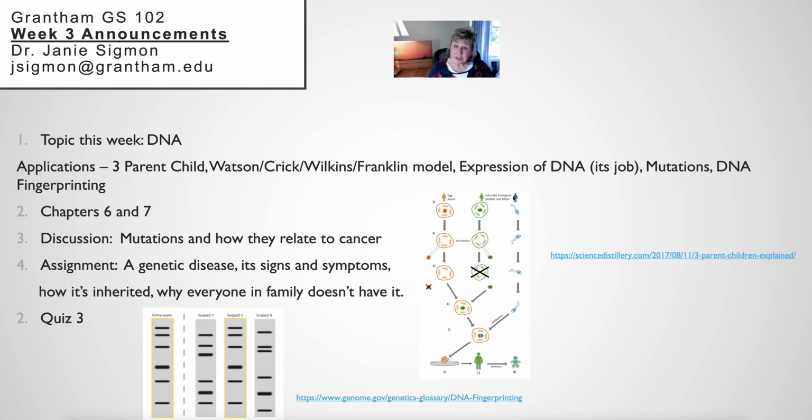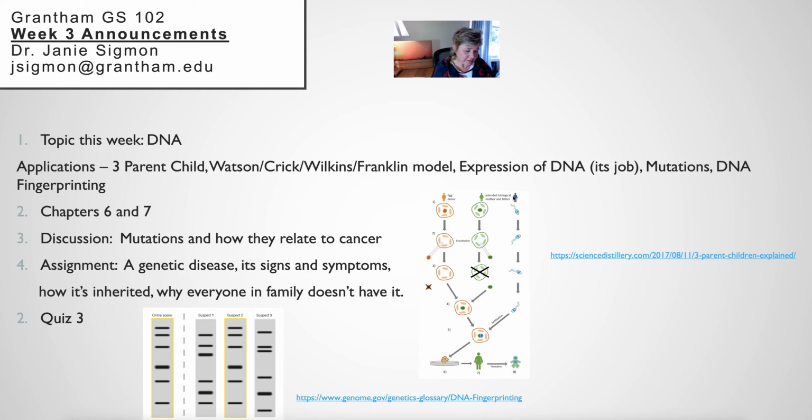I want to also mention that the job of DNA is not to just be a molecule of heredity, but the reason that DNA is so important is because of its expression. So what does that mean? Okay, DNA is used to make pieces of RNA and many, many thousands of proteins.